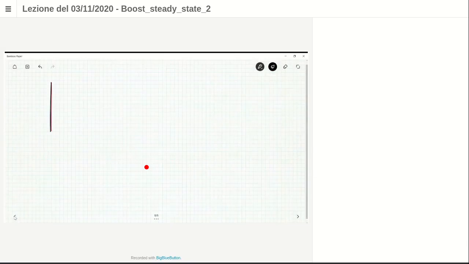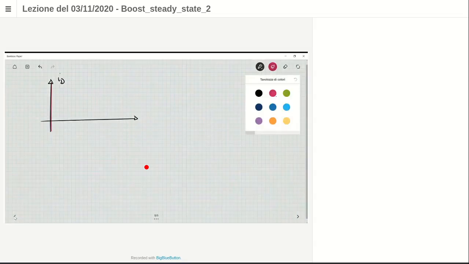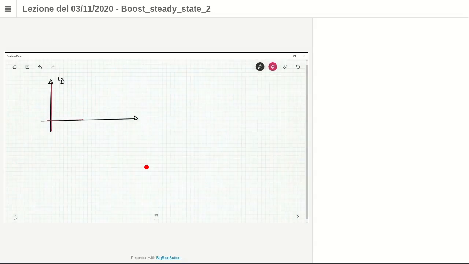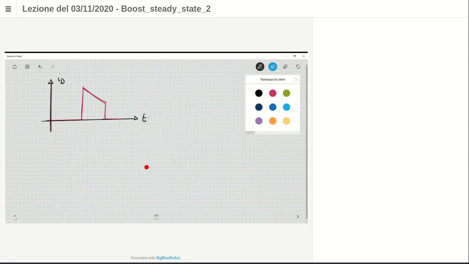So let me draw this current of the diode here. The current is something like this. I can compute the root mean square value of this current, but I can again approximate this quantity by the flat top approximation.